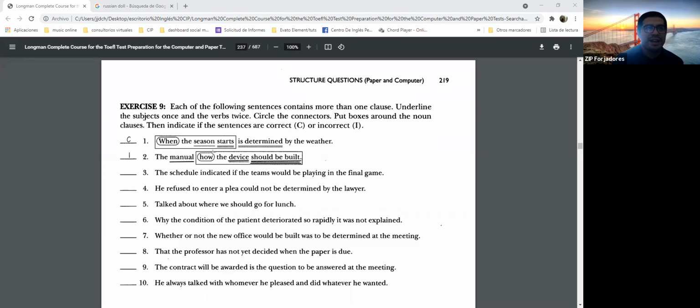So the clause is a noun clause. So this clause has to be the object of the verb with the manual. So for example, I can say shows. The manual shows, muestra, how the device should be built. And with this verb, I can correct it.